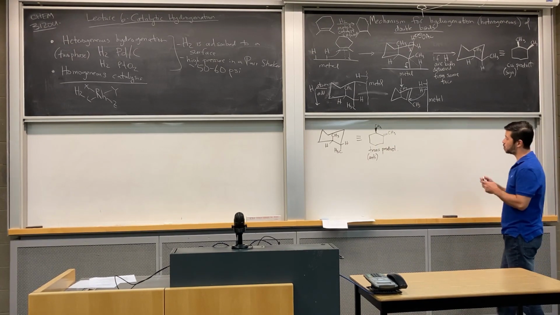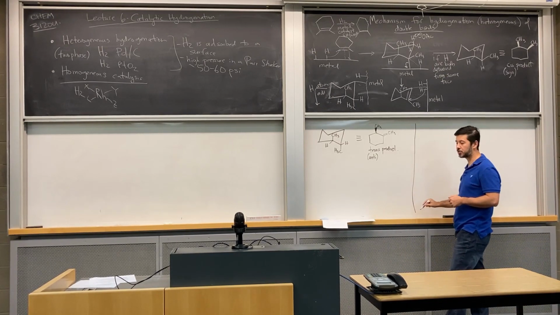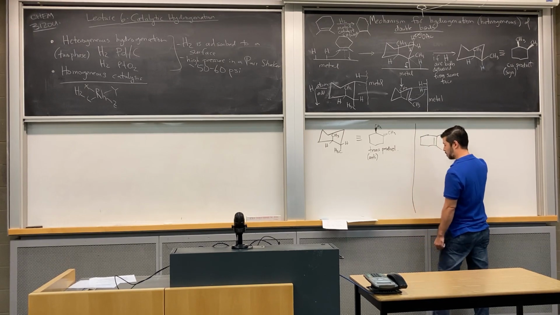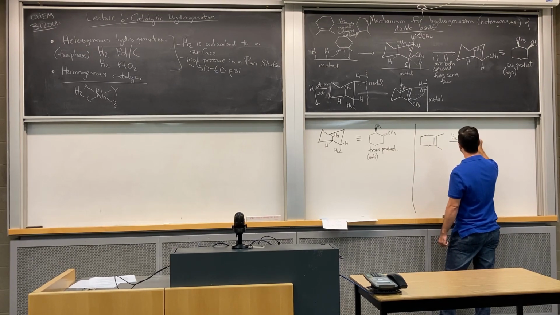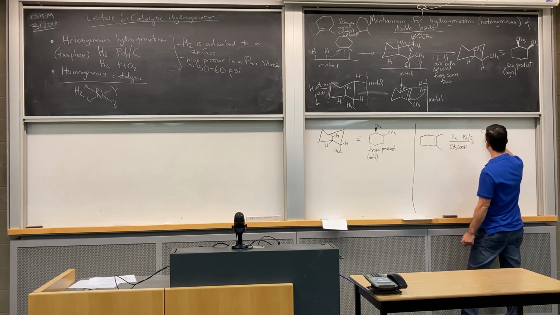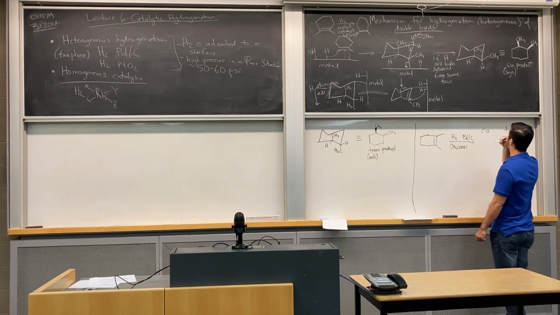So I'll just share with you some data from two reactions looking at heterogeneous hydrogenation. So if we use the same substrate and we do this reaction with H2 over palladium and carbon with acetic acid, it turns out that we generate two products, the cis and the trans.